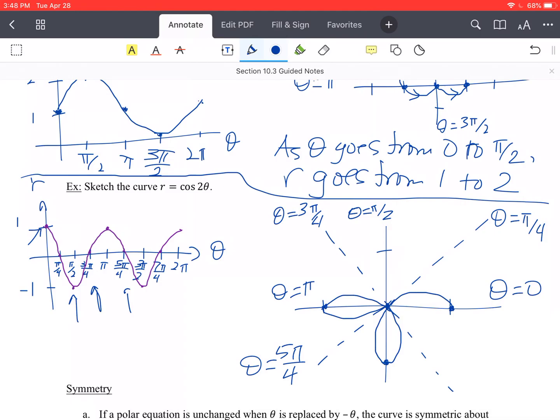And then at 3 pi over 2, we're at -1, so theta equals 3 pi over 2 is down here. But it's -1, so we're actually going the opposite direction, so that's going to be up here. Kind of like that.